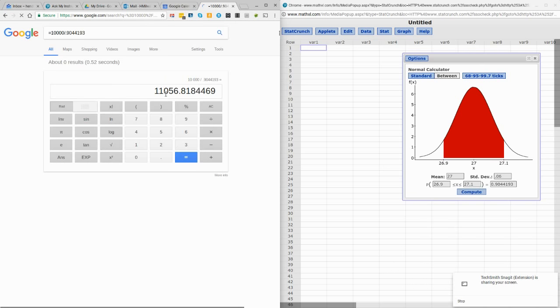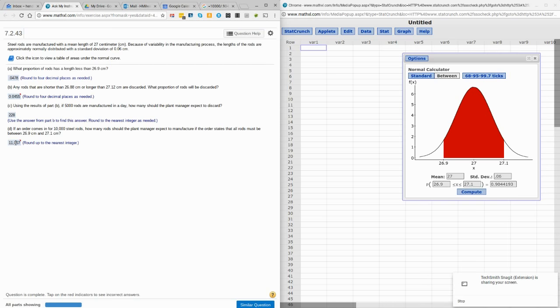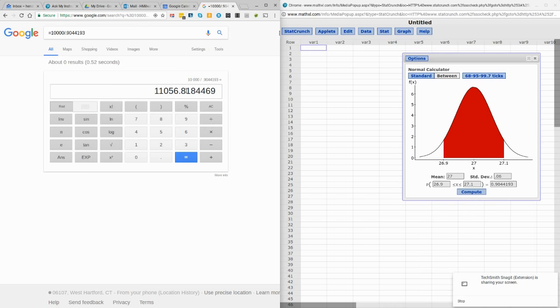And so that gives us about 11,056, almost 57, but I think 11,056 is all we need to get 10,000 good rods. Ooh, I guess they say round this up. That makes sense. Yeah, you'd have to round up to make sure you get that full 10,000.